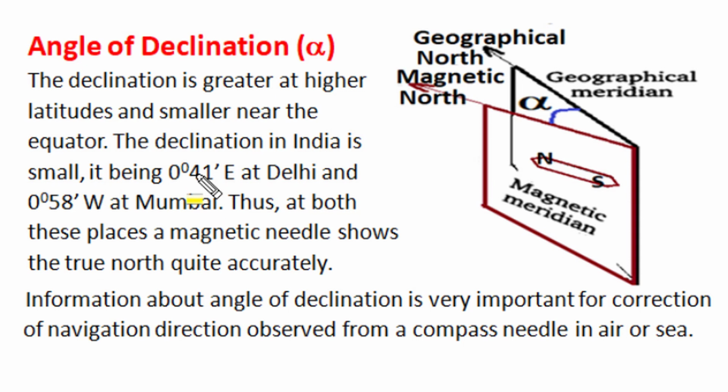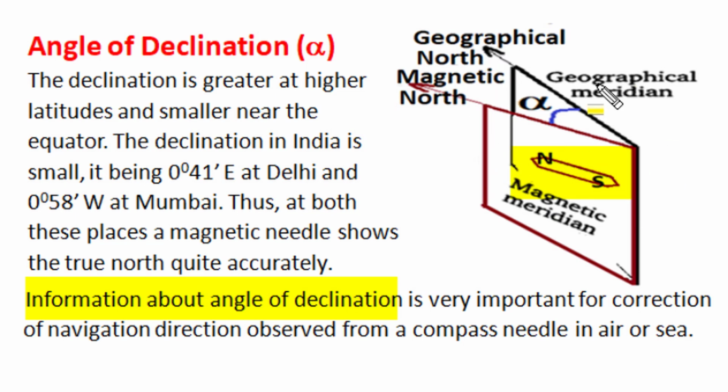So in such small angle of declination conditions, the axis of a freely suspended magnet's north end position and the geographical north pole position are quite close to each other, but when the angle of declination is relatively higher and even variable, the information about the angle of declination is very important for correction of navigation, as it is observed by a compass needle, and the compass needle is not showing the exact axial position of the geographical meridian.